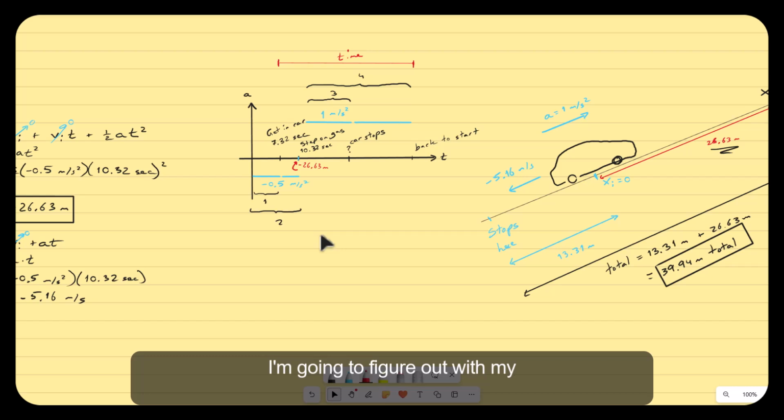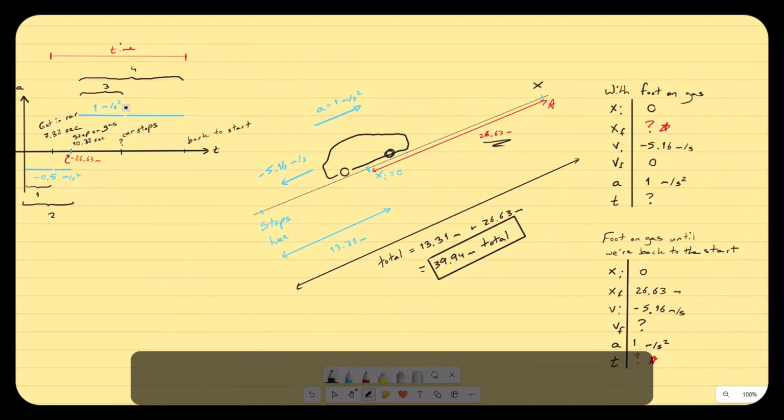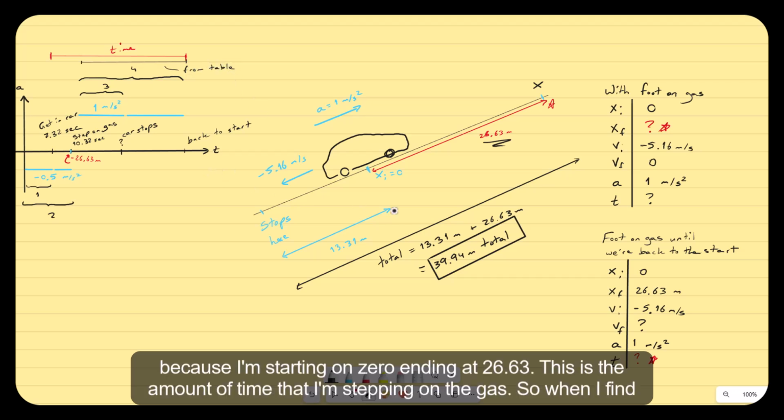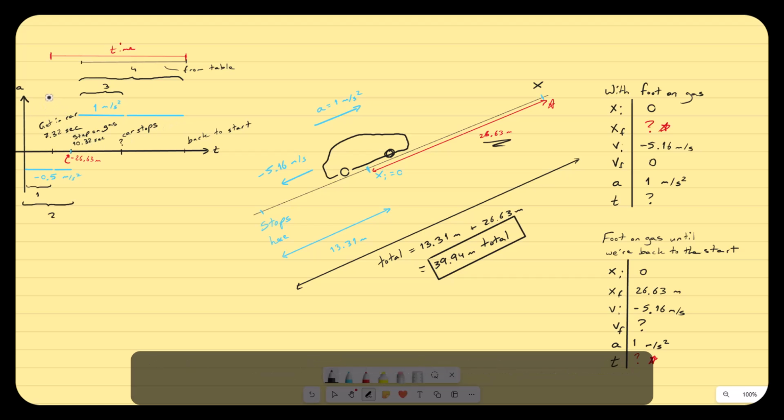I'm going to figure out with my table this amount of time, because I'm starting on 0, ending at 26.63. This is the amount of time that I'm stepping on the gas. So when I find that time to get my final answer, I'm going to have to add in these 3 seconds.